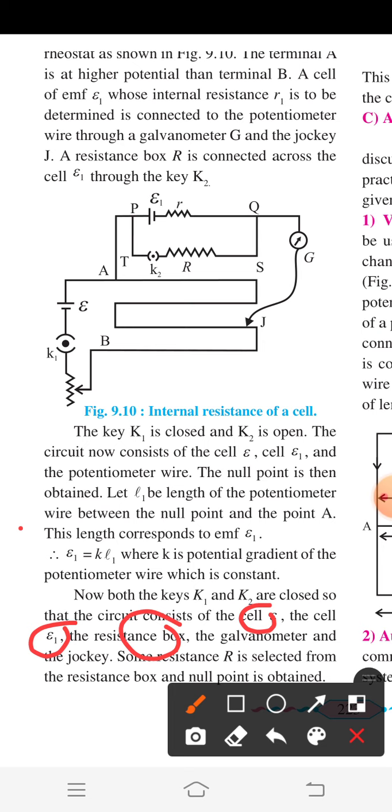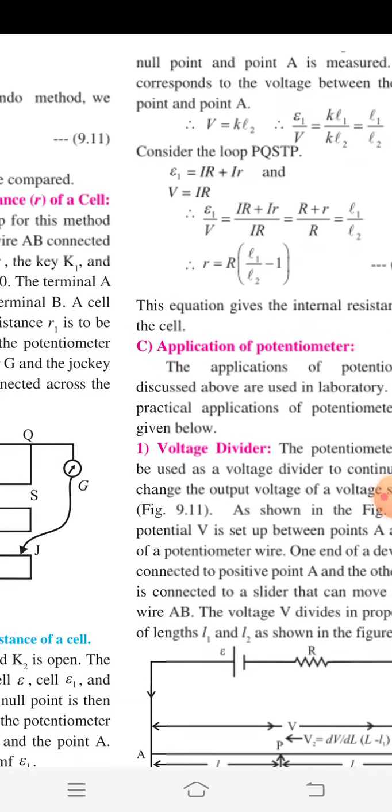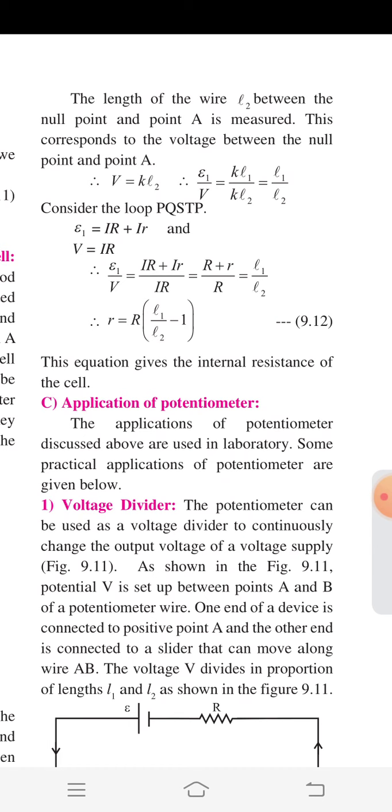This point is known as the null point, and the balancing length between point A, the higher potential point, and the null point is L2. That is the balancing length when cell E1, resistance box, galvanometer and jockey are in the circuit.